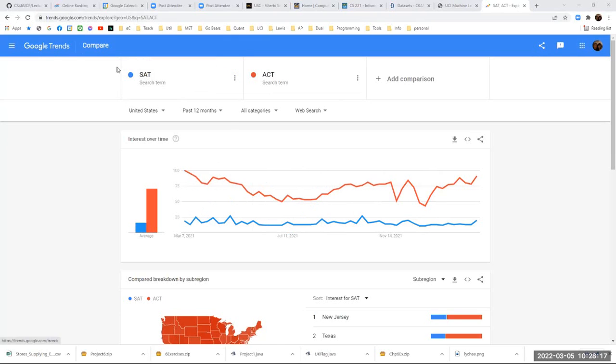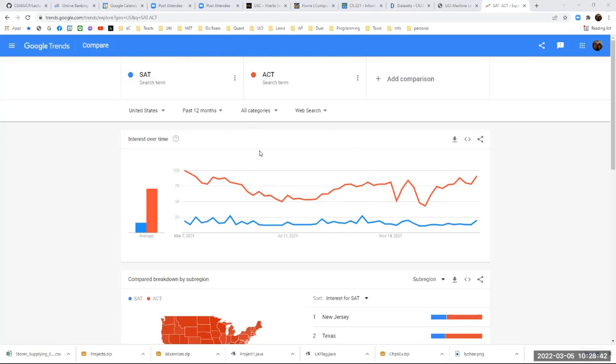Google Trends is a statistic of the past 12 months of how many times the SAT was searched by people versus how many times the ACT was searched. How do you interpret the data shown here? ACT has a greater rate than SAT.